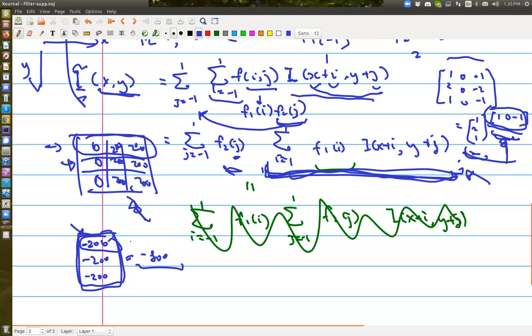This is exactly what we have here: we actually detect a vertical edge. When we have a vertical edge and apply this filter, you can see that along the horizontal direction, because it's a vertical edge, it's like a high pass signal.